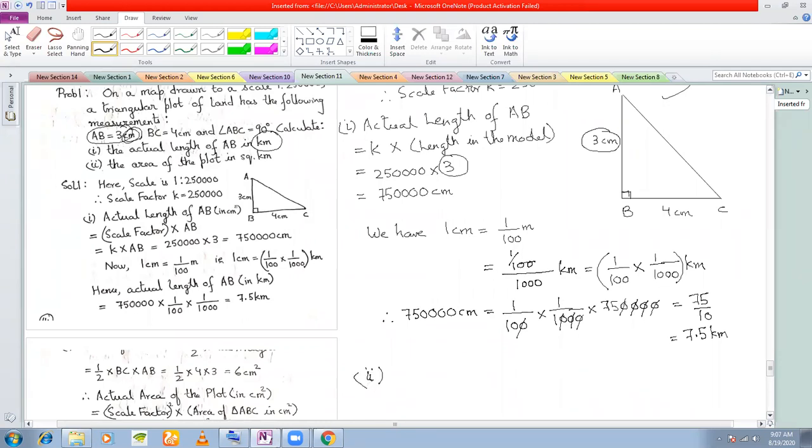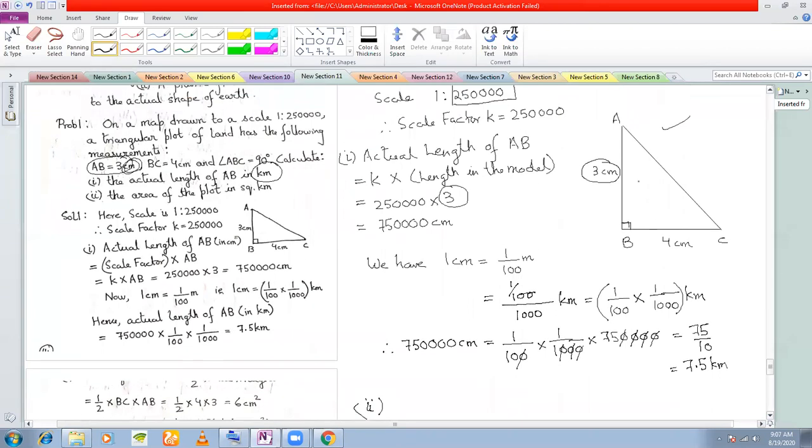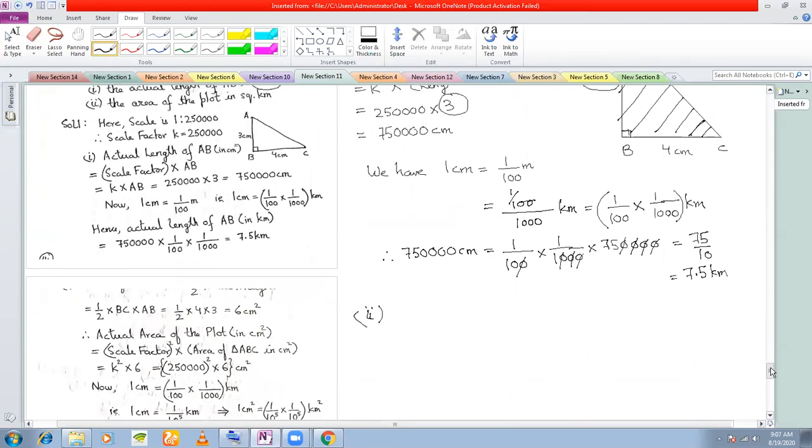Now, the next question is area of the plot in kilometers. The map is a right angle triangle here. What should be the area of this right angle triangle? Half base into height. We calculate the area of the model first.